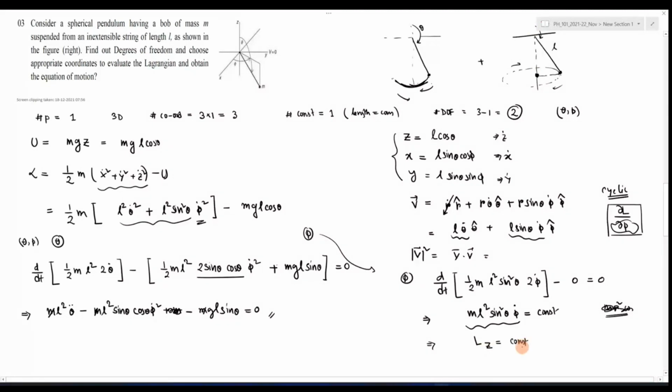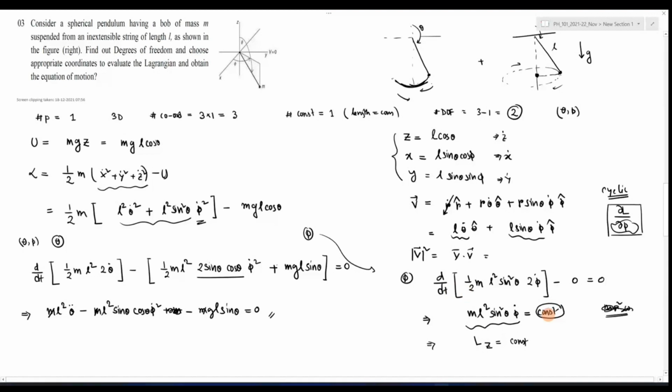And why is it so? Because there is no torque corresponding to this; gravity is pointing like this. Here we are getting zero, so does this mean the angular momentum is zero, or does it signify something else? No, from here we got that angular momentum is constant, not zero.